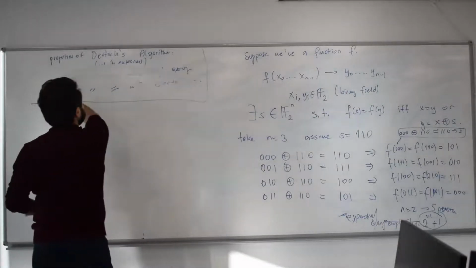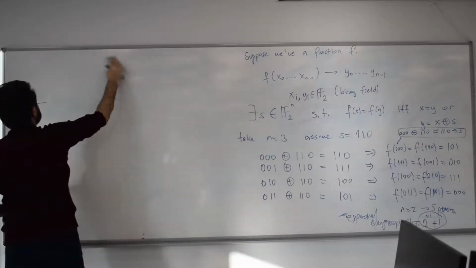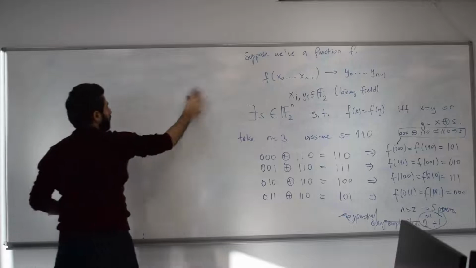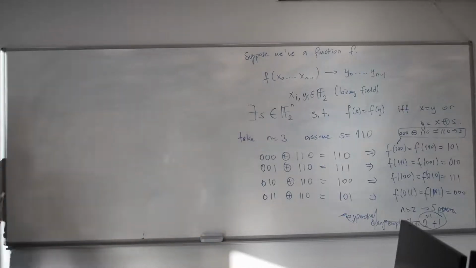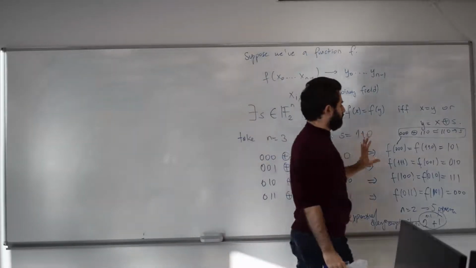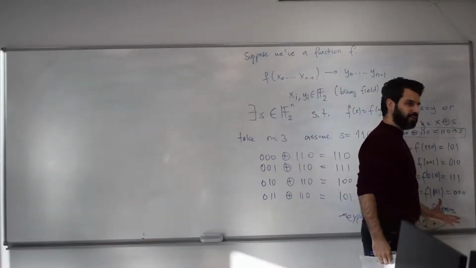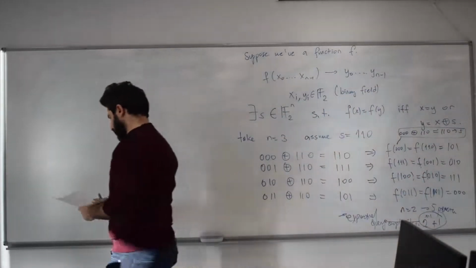Let me erase this part as well. Simon's algorithm provided a polynomial time procedure that helps us develop an answer for this question, finding s without knowing what f is. That's the gist of the question.